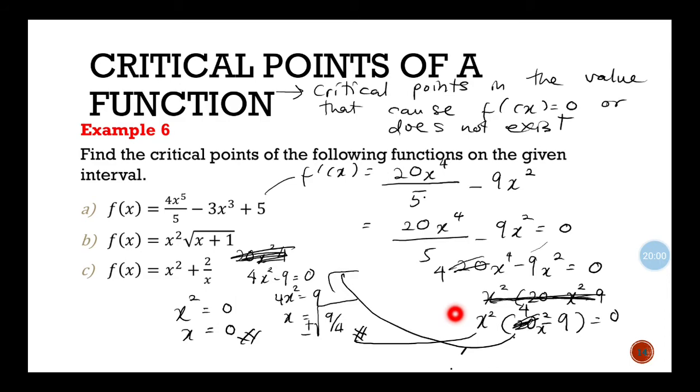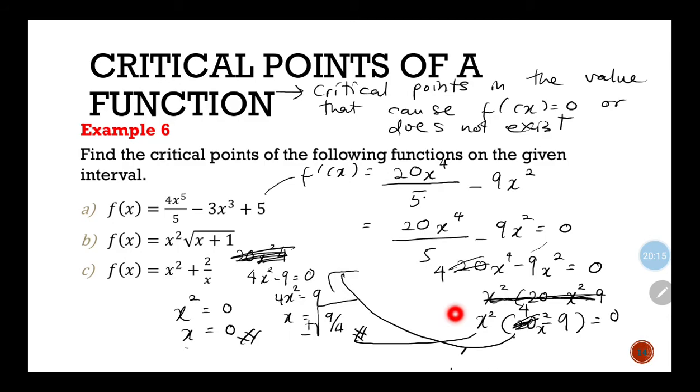Did you get it? So the critical points for question 6a are 0 and the square root of 9/4. There are two values.